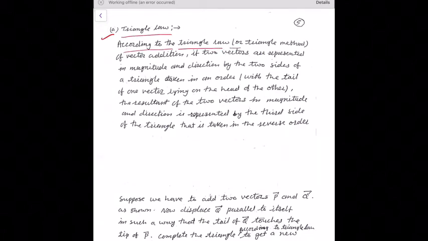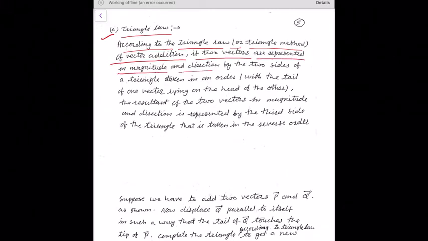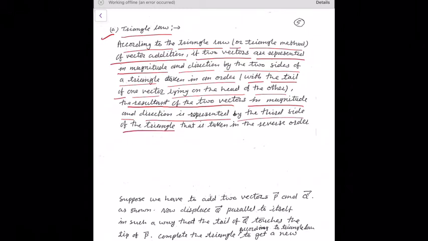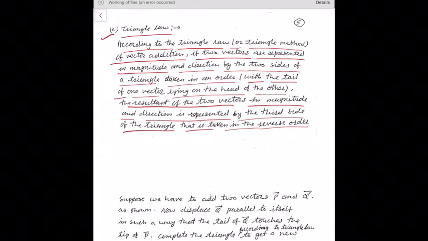According to the triangle law or triangle method of vector addition, if two vectors are represented in magnitude and direction by the two sides of a triangle taken in an order with the tail of one vector lying on the head of the other, the resultant of the two vectors in magnitude and direction is represented by the third side of the triangle that is taken in the reverse or opposite order.